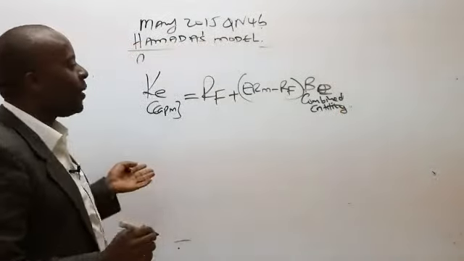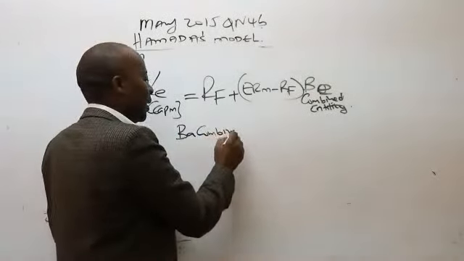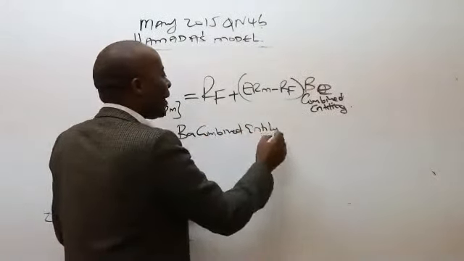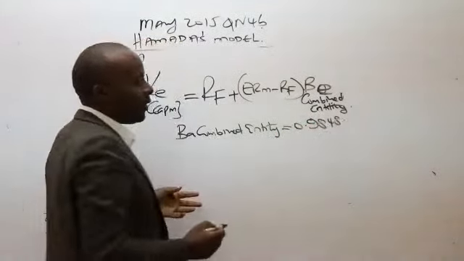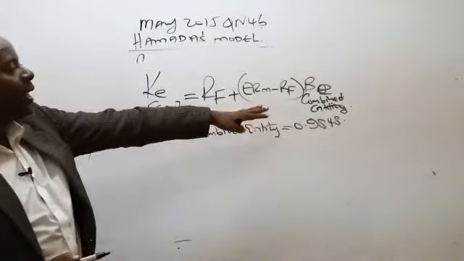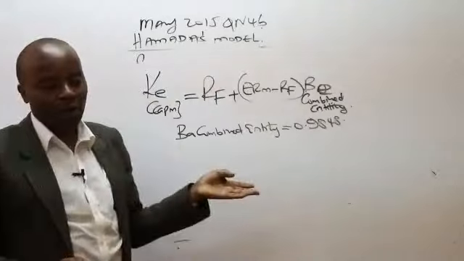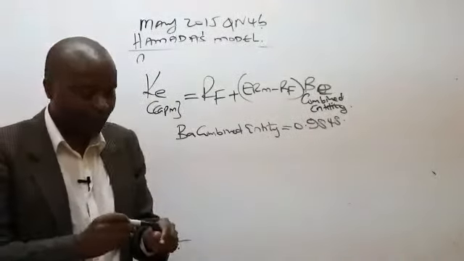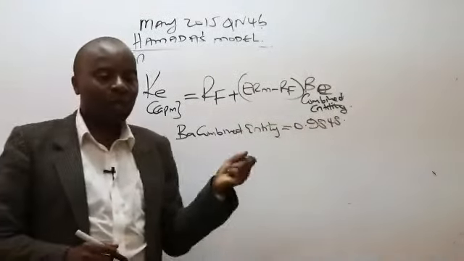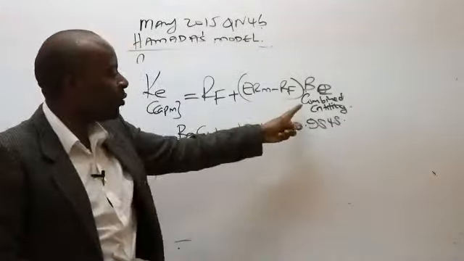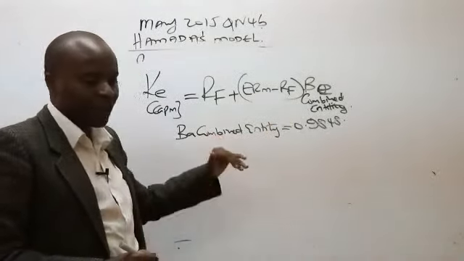What I happen to have is beta assets of the combined entity, which is 0.9848. But they want me to give them beta equity of the combined entity. So what should I do now? Can somebody tell me what I should do to be able to get beta equity of the combined entity from this beta assets?